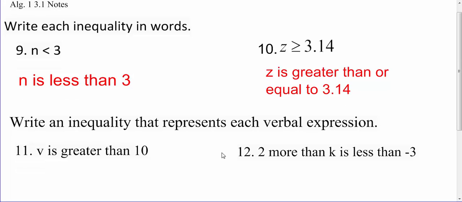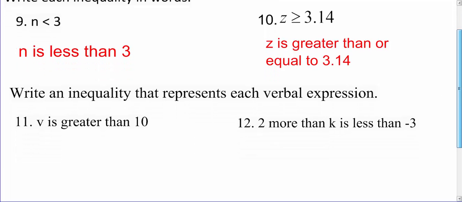Alright, for 11 and 12 we'll work the opposite way. We've got the words version written for us, and we need to change it into an inequality. So v is greater than 10, piece of cake. V greater than 10. Okay, number 12 takes the difficulty up just a notch, but we're going to write it just like it says, 2 more than k.